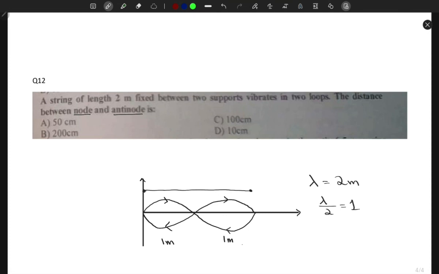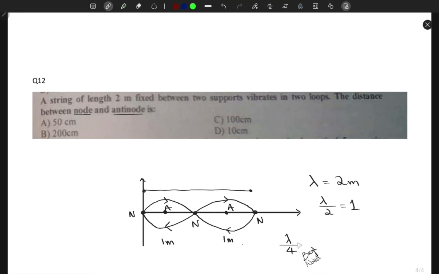Now, the distance between the nearest node and antinode, so this is where we have antinode, and here we have node. So this is node, this is antinode, this is node, this is antinode, and this is a node again. So the distance, if you look at this diagram, it's clearly lambda by 4.